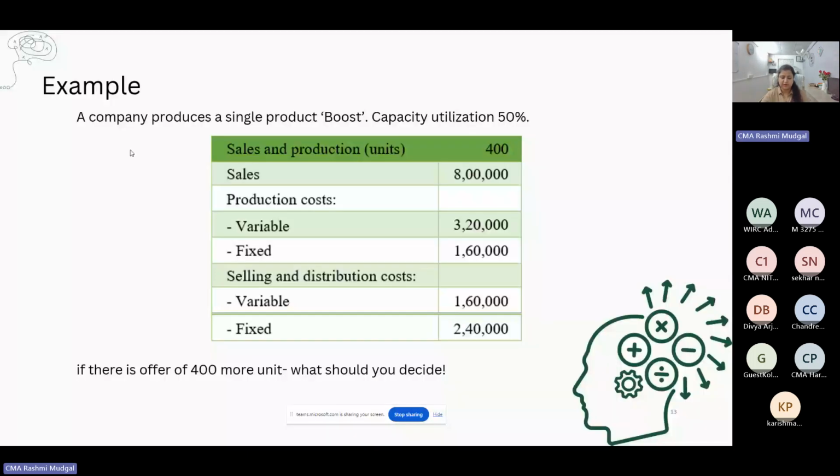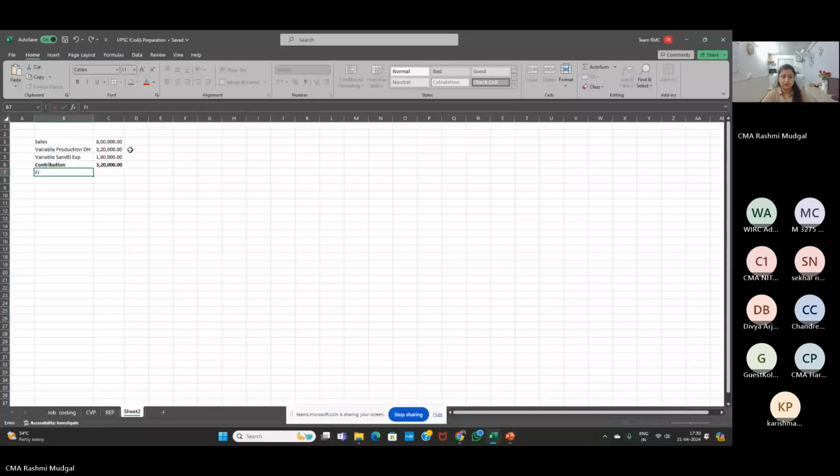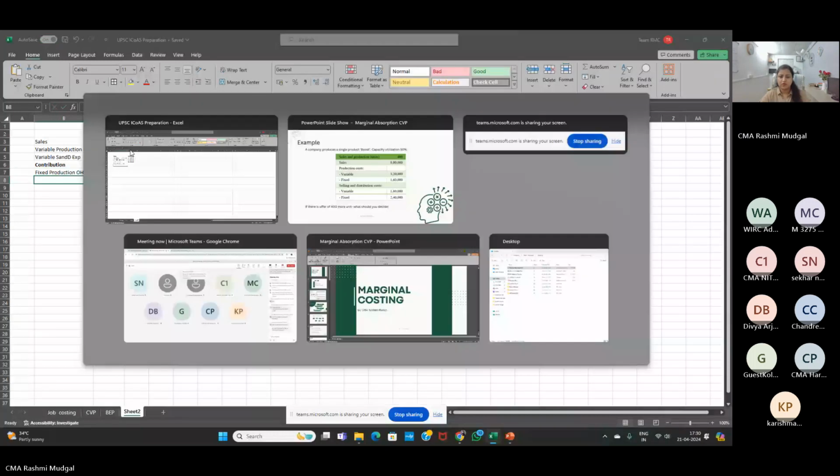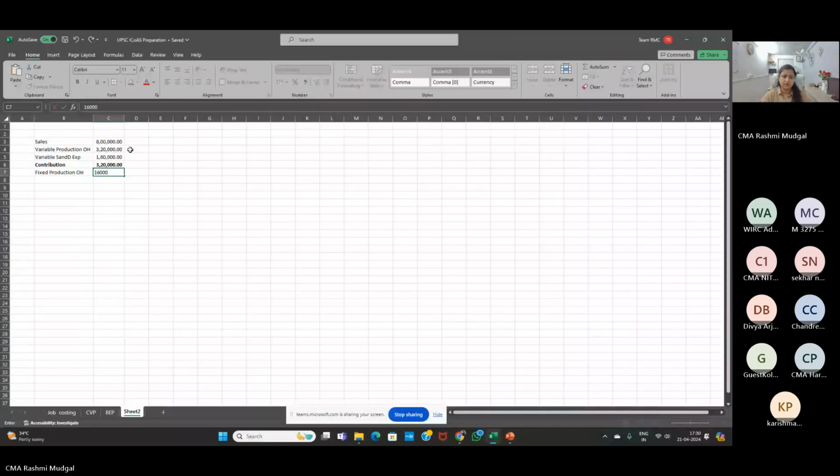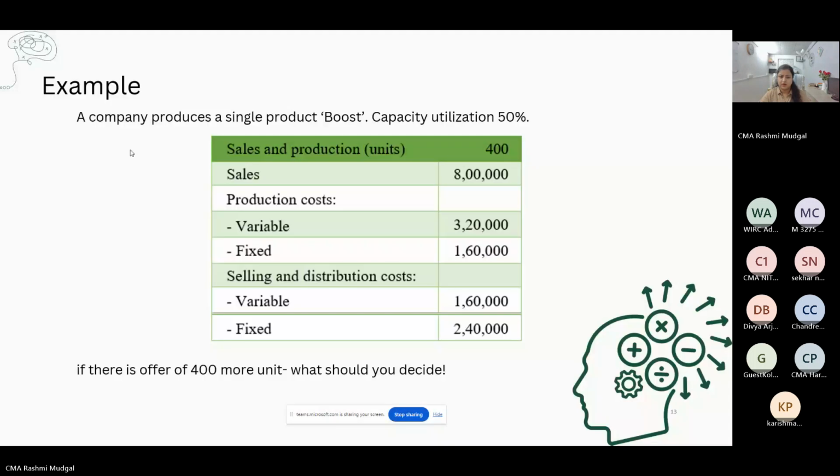Fixed production overheads are 1,60,000, and fixed selling and distribution is 2,40,000.